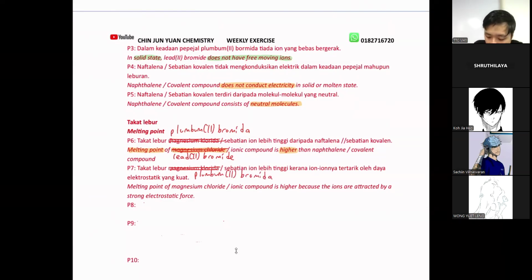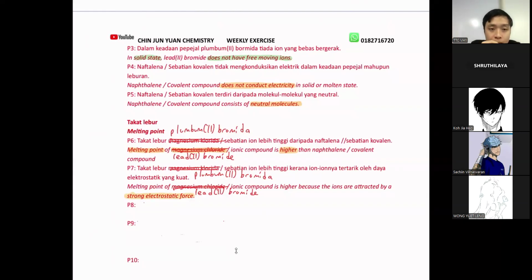Either you write lead 2 iodide or you write ionic compound, same. No need to write so many. So lead 2 bromide. Why is it higher? Just like I told you the first idea, because of the strong electrostatic attraction force.